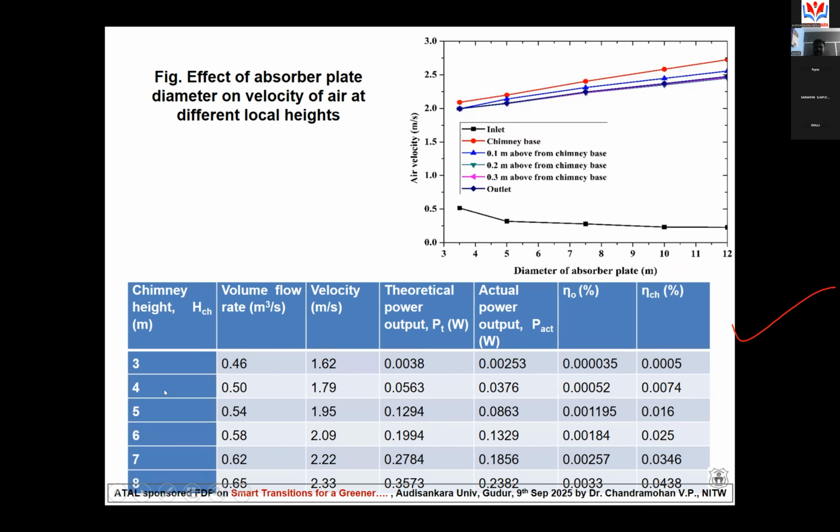It shows that if you take a good height, then we can get a very good overall efficiency. Anyway, these heights could produce very small power output only. The maximum is 3.3573 watt theoretical power. Actual is 0.238 watt only. If the height is increased, we can get a good output. We can do the simulations for those things also and estimate the overall efficiency.